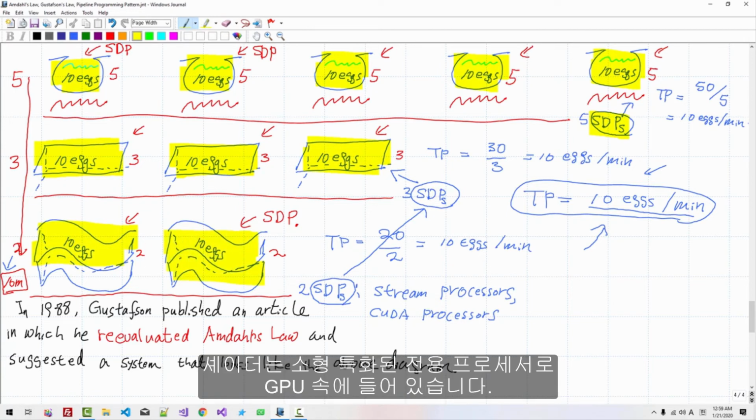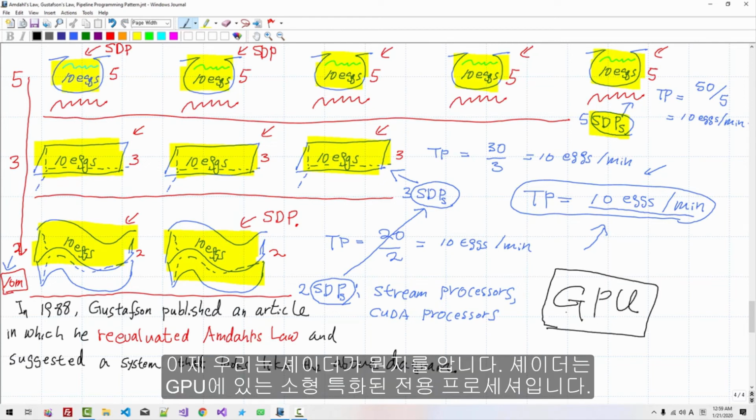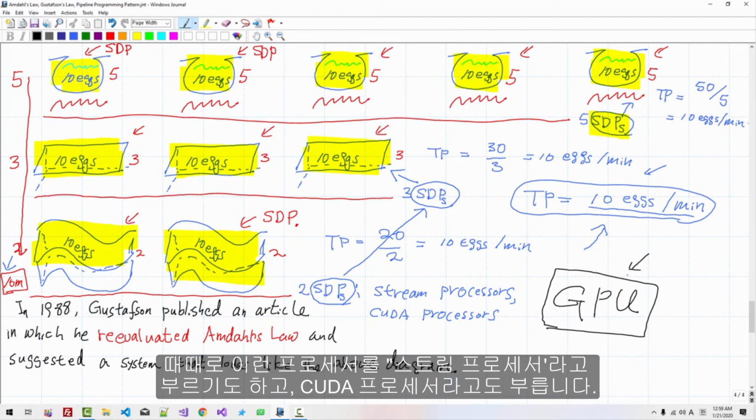Shaders are small specialized dedicated processors in GPU. Now we understand what a shader is. These processors are sometimes called stream processors or CUDA processors.